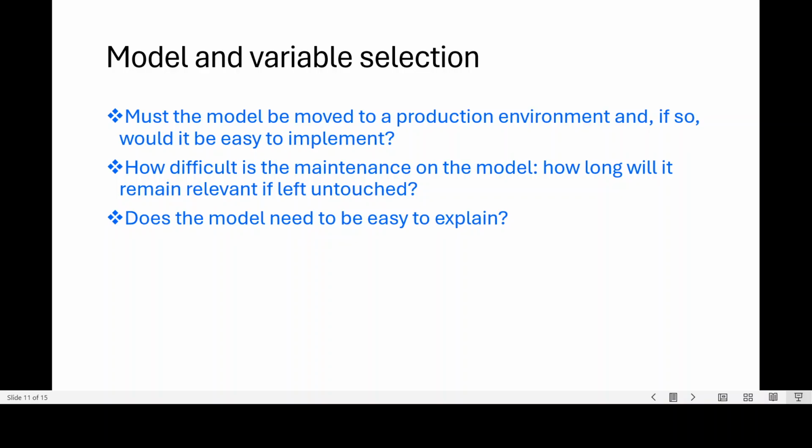Some models may become outdated as new data becomes available and require frequent updates. Third, we must consider explainability. In domains such as healthcare, finance, and education, stakeholders often need to understand how predictions are generated. Therefore, selecting an appropriate model involves balancing accuracy, maintainability, and interpretability.